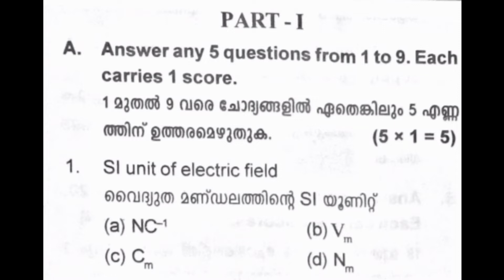Yes, that is force by charge, that is F by Q0, right? So what is the unit of force? Yes, it is Newton. Then what is the unit of Q, that is charge? Coulomb. So what will be the unit? Unit is Newton per Coulomb. The option is A, Newton per Coulomb, the correct answer.